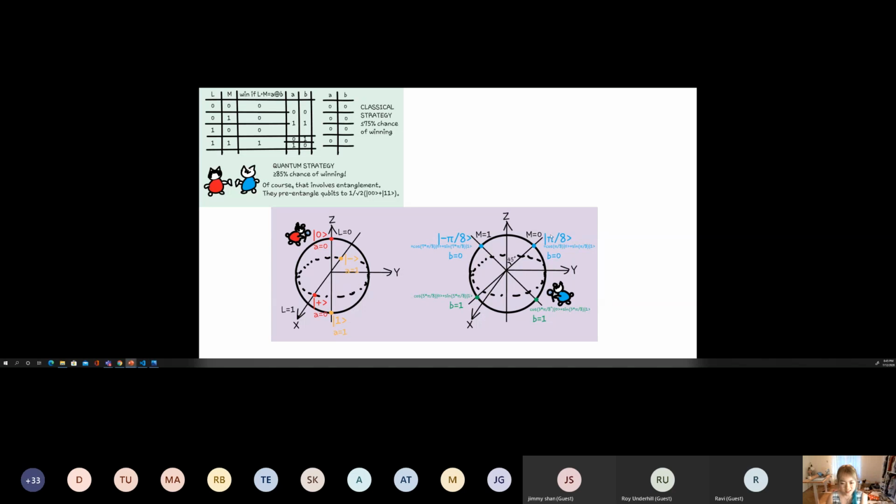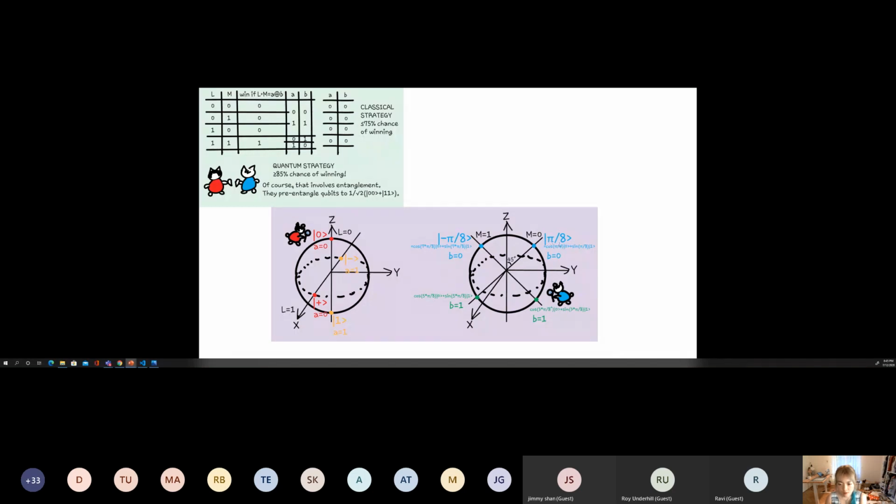They can be anywhere on this Bloch sphere. And earlier, when I introduced the Bloch sphere, I mentioned that it usually is not that useful unless you look at a single qubit. And it turned out that it is actually very useful in this game. Bob can use the Bloch sphere and choose these two particular axes as his measurement basis.